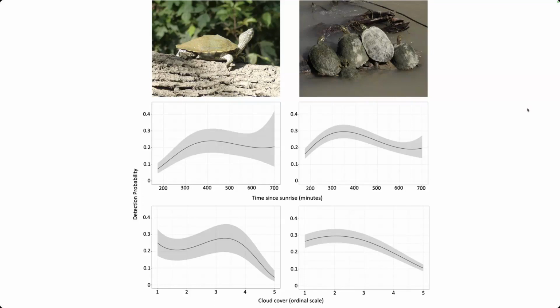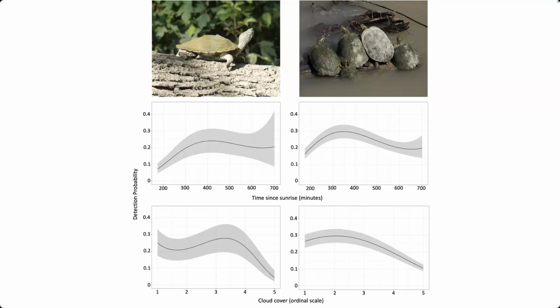This is pretty cool because our detection submodels indicated daily peaks in basking probability, as well as increased detection under intermediate cloud conditions. So this suggests that conserved diel thermal regulatory behaviors are found in both of these turtles. Both of them are basically cueing their activity on time cues, where the sun would be more or less, and also on cloud cover.